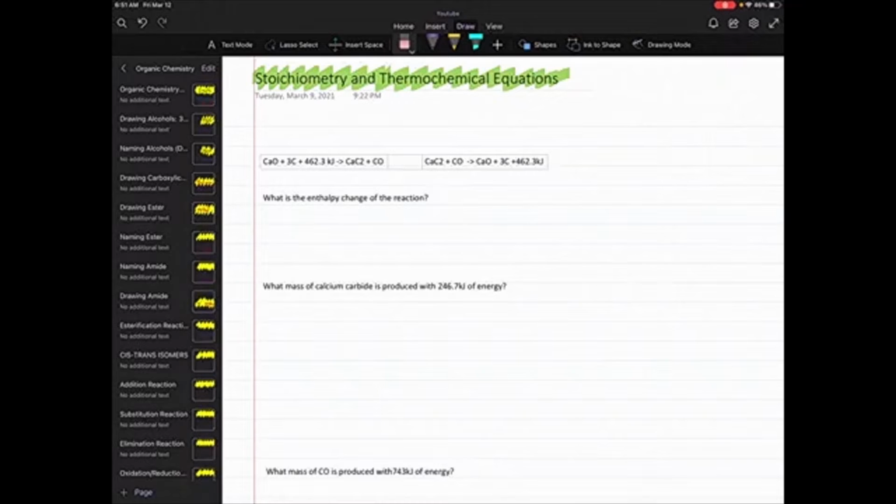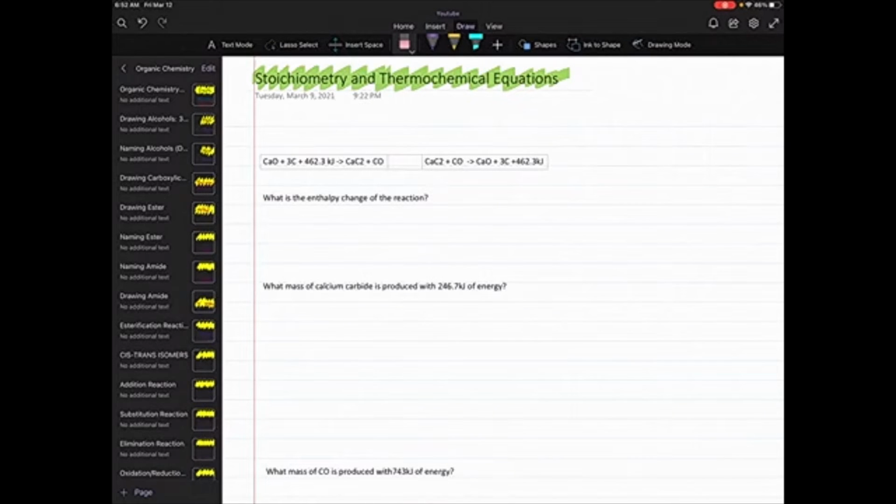Over here I have for you an example of two equations. I have CaO, calcium oxide, plus carbon, which requires 462.3 kilojoules of energy per mole, and forms calcium carbide and carbon monoxide.